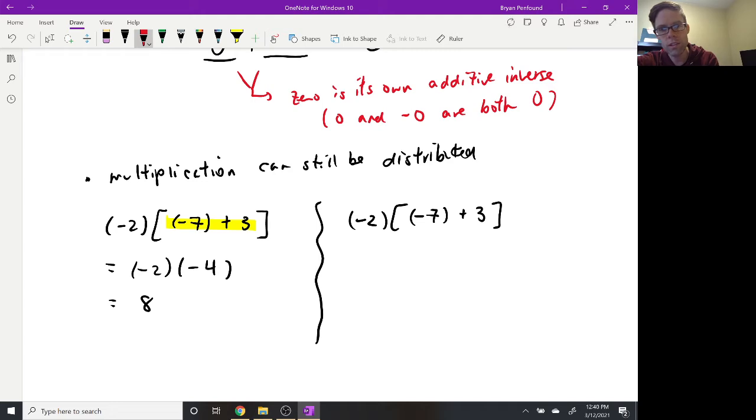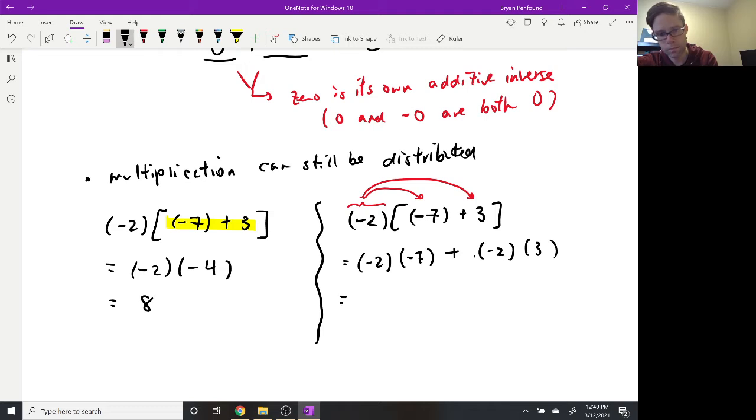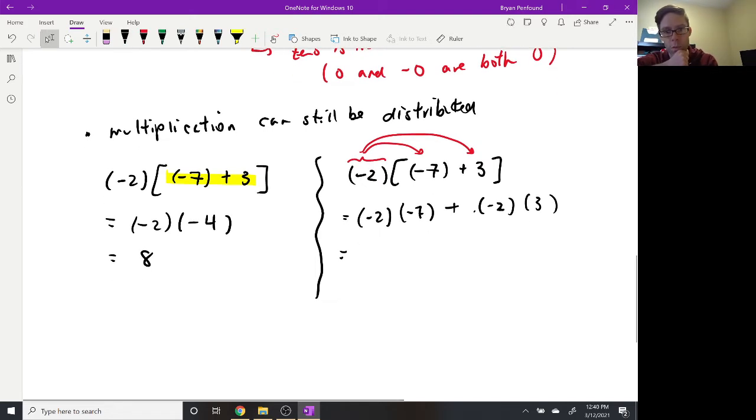So distribution says I can take this number and multiply it to both of these other numbers to get something that looks like this: -2 times -7, keeping the addition sign, and then -2 times 3. And then simplifying this resulting expression. So -2 times -7 is equal to 14.